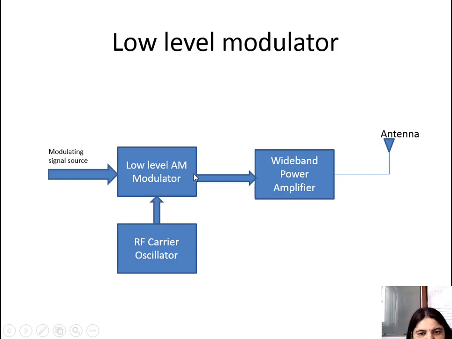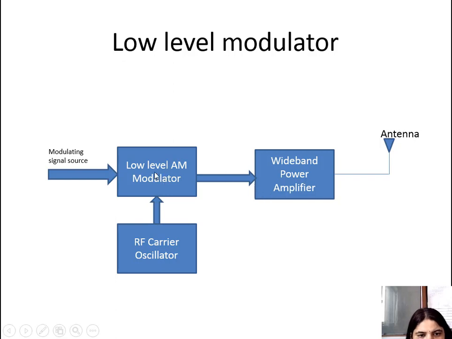But after it is modulated, the signal can be amplified so that it can be transmitted via the antenna. This wideband power amplifier is used to preserve the two sidebands which appear in the amplitude modulated output.